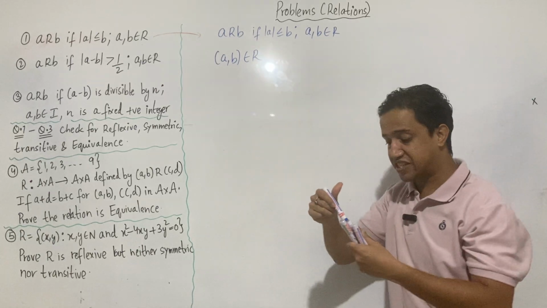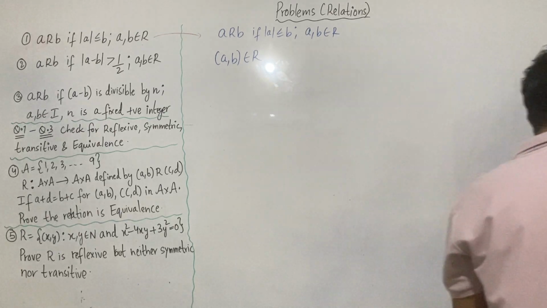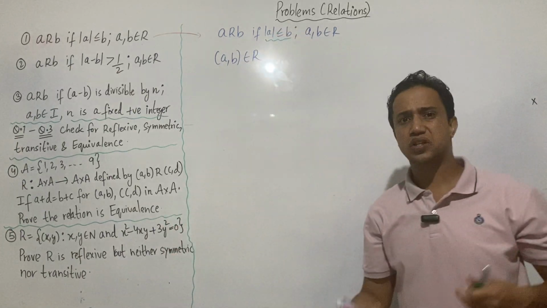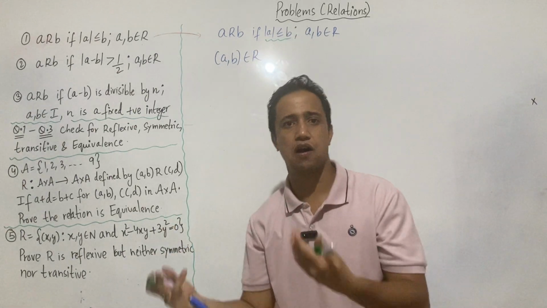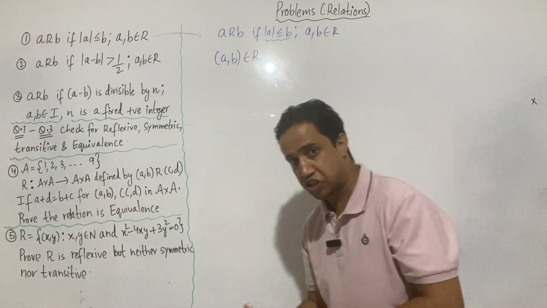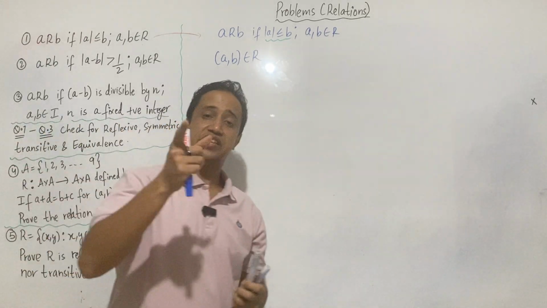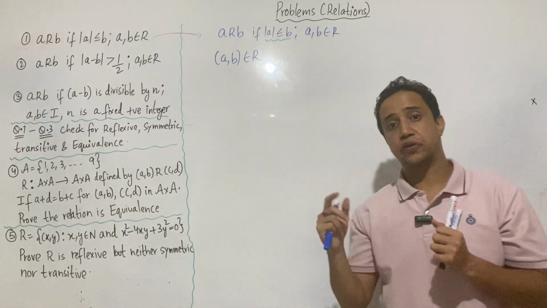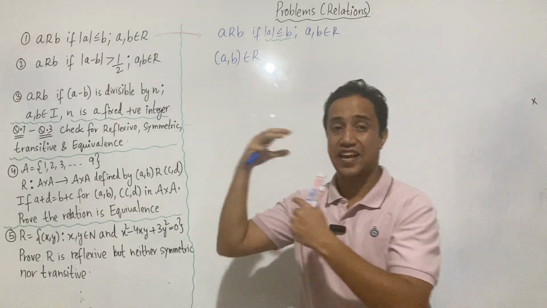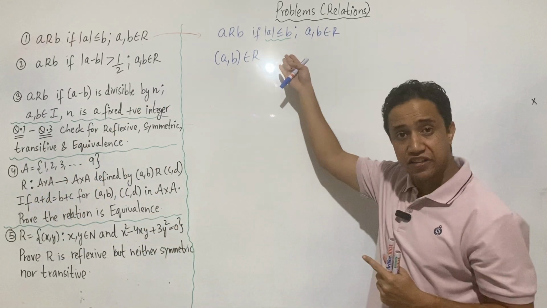So this is the condition on the relation. What is a relation? A relation is a set of conditions, and if you remember, we defined a relation as a subset of the Cartesian product of two sets. So we take all those pairs from the Cartesian product which satisfy the condition, right?